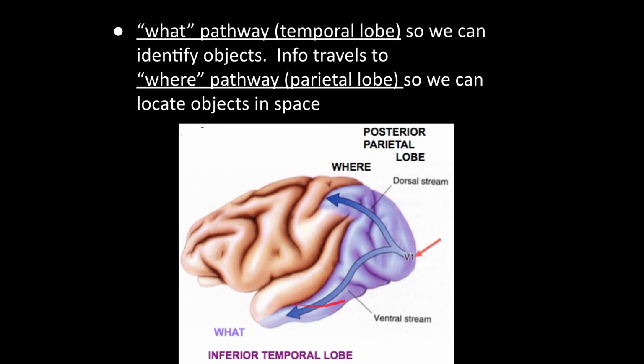The temporal lobe, or the what pathway, allows us to identify what the object is that we're looking at, whereas the where pathway in the parietal lobe allows us to locate where that object is in space. So again, yes, we have the visual pathway that we've learned about that sends those neural signals back to the visual cortex, but we also have visual information going to other parts of the brain that also enable our visual processing.